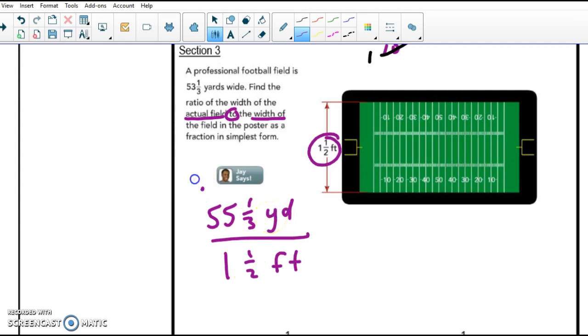So I'm going to move over here and start by changing my mixed number into an improper fraction. So 3 times 50 would be 150. 3 times 5 is 15, so that should be 165 altogether. Plus 1 is 166. I'm going to keep my denominator the same, but I'm going to keep in mind that this is yards.